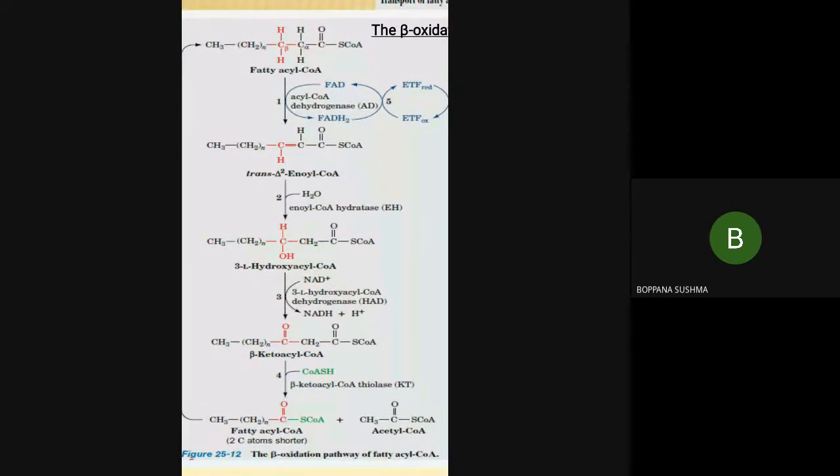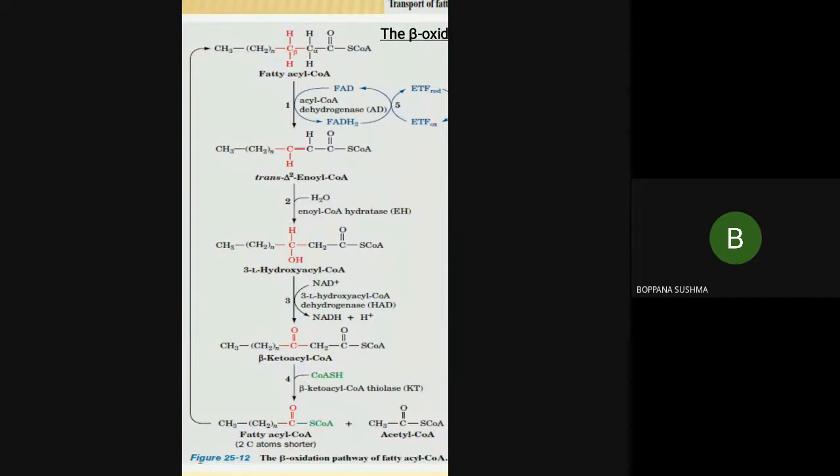Trans delta 2 enoyl CoA undergoes the hydration reaction. In this hydration reaction, a water molecule is added in the form of H plus and OH minus ions. H plus is added to the alpha carbon atom, that is the CH next to the C double bond O, which is the first carbon.